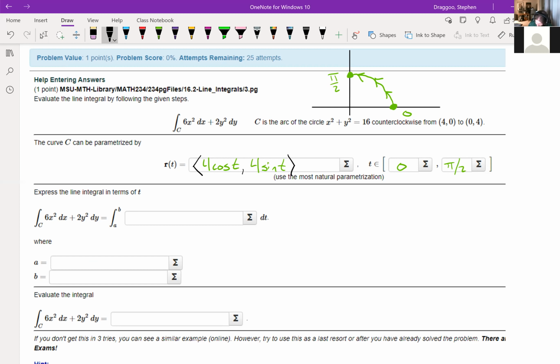But up next, some of the things we're going to need, we'll need dx. Which now that we know that x is 4 cosine t, dx is -4 sine t. And we'll want dy as well.